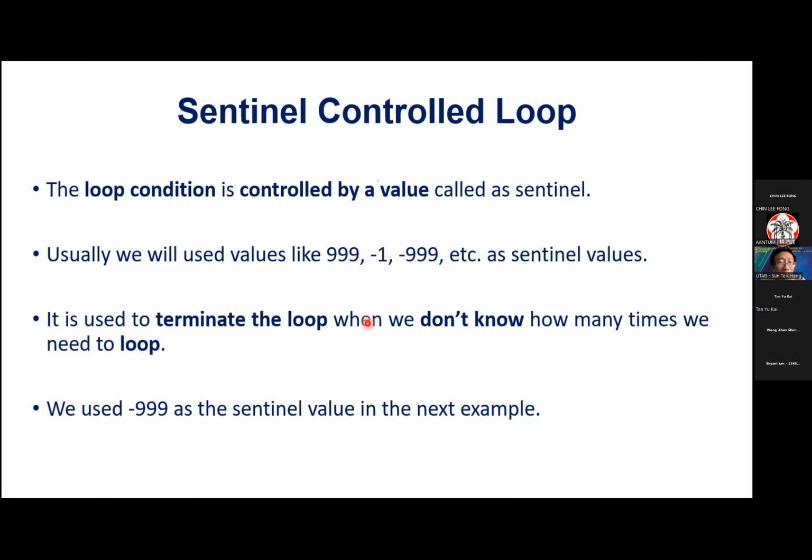We do not know how many times it will loop. So the loop will just continue to loop until it encounters the sentinel value. For example, if you are making use of minus 999 as the sentinel value, then the loop will continue to repeat itself until it encounters the sentinel value, which is minus 999.